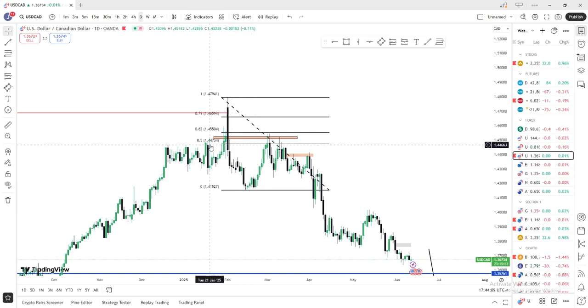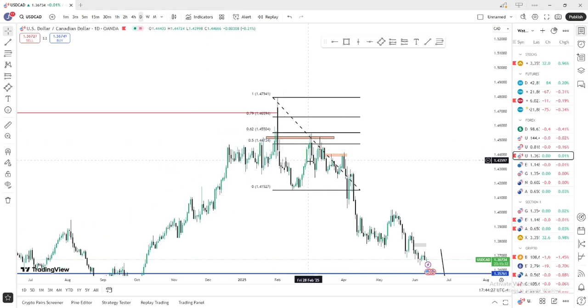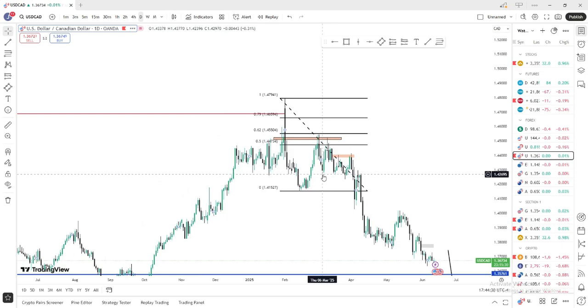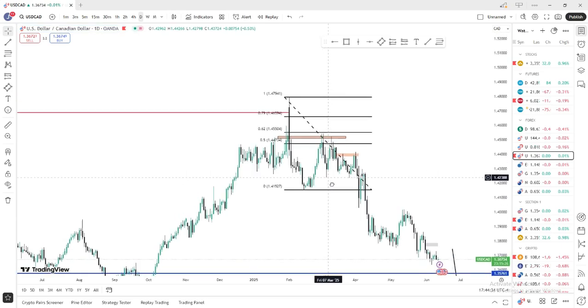So we always want to look out for the 50% retracement level and the 62% retracement level. We can also look out for the 79% retracement level before the market drops. But often at times we only need 50% and 62%.